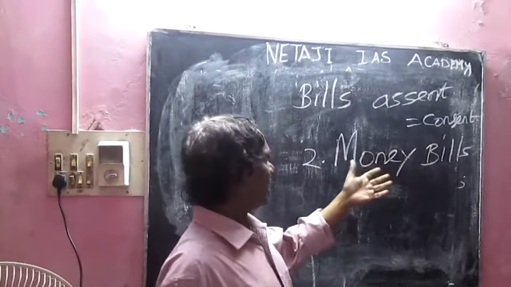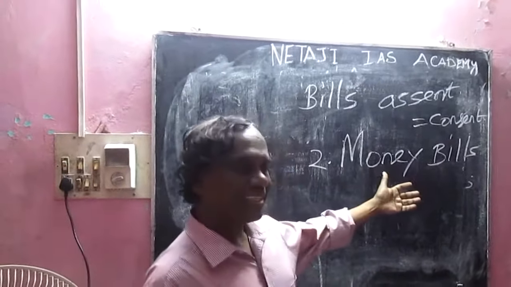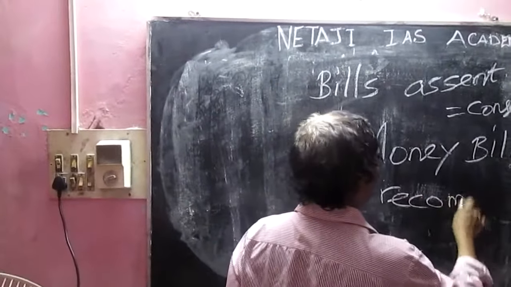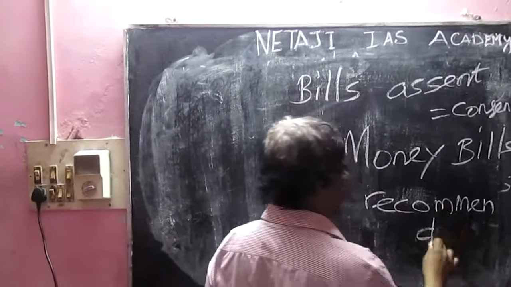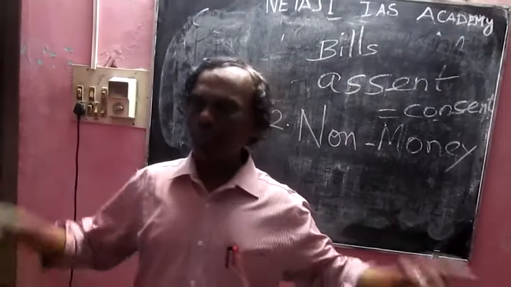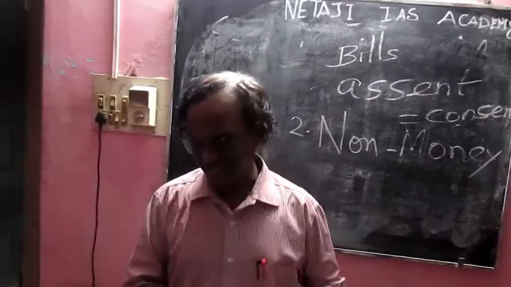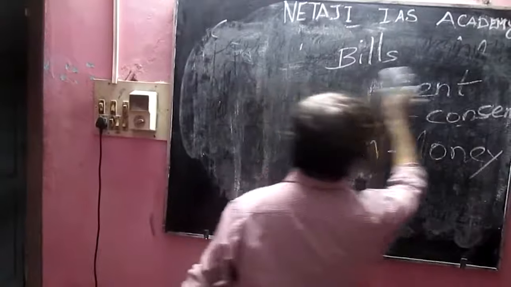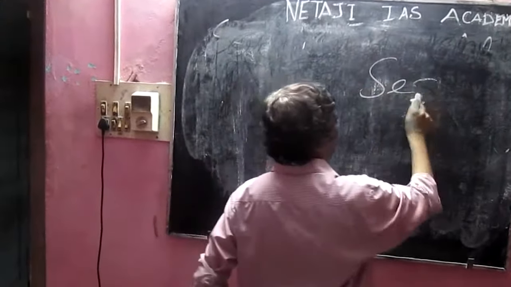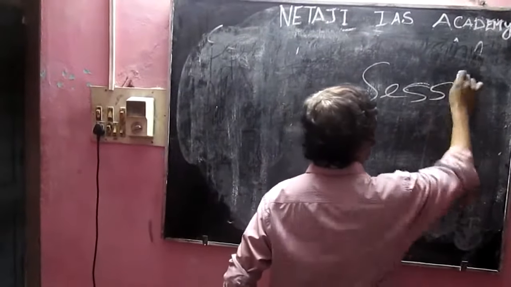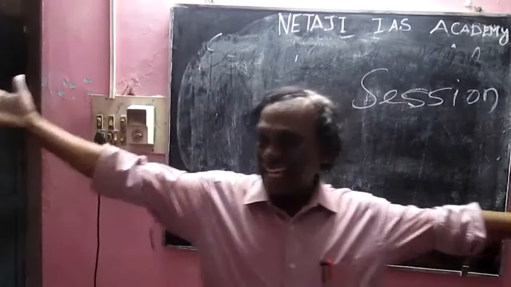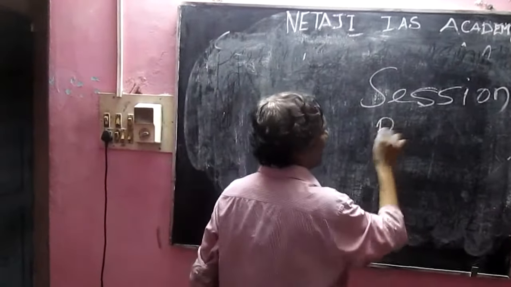Next point. Money bills can be introduced in the parliament only after recommendation by President of India. When both the houses of parliament are not in session, the president can promulgate ordinances. Session means meeting. Continuous meeting is called session.